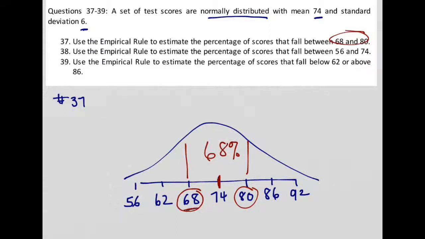It doesn't have anything to do with this 68. We know that within one standard deviation of the mean falls 68% of the scores. And that is actually given on your exam, so you don't have to worry about memorizing the number 68 in particular. And that's the answer for 37.